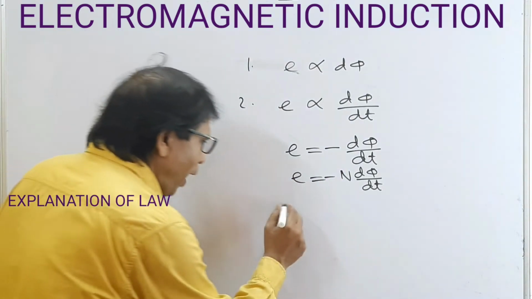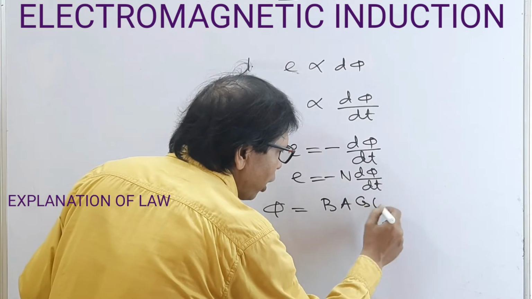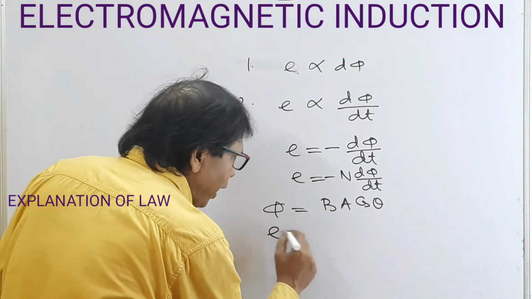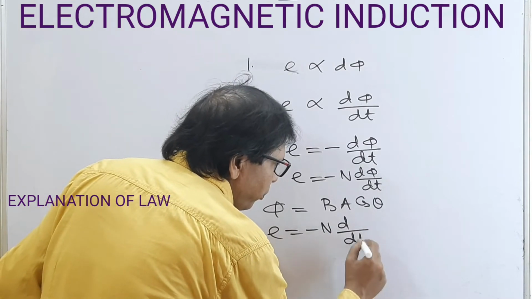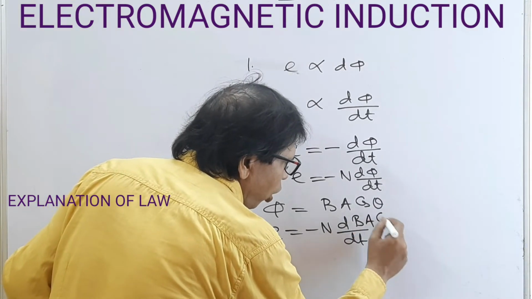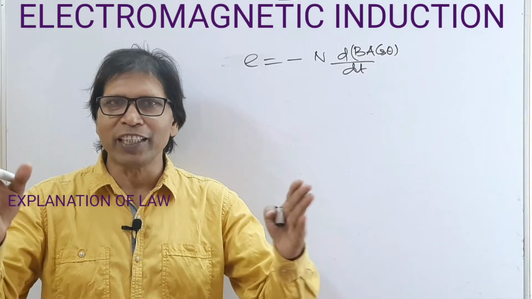We know phi equal to B A cos theta. So look at this, E equal to minus N d by dt of B A cos theta. Okay. First of all, average induced EMF.